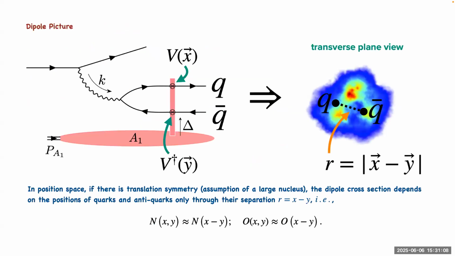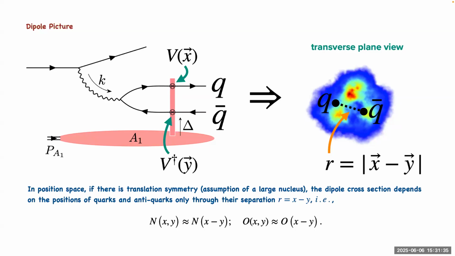I mean that momentum is conjugate to some transverse separation. Actually, K is conjugate to this R, and delta is conjugate to the impact parameter B, which is X plus Y by 2. Right, so you have the dipole, and you're still assuming that the partons.